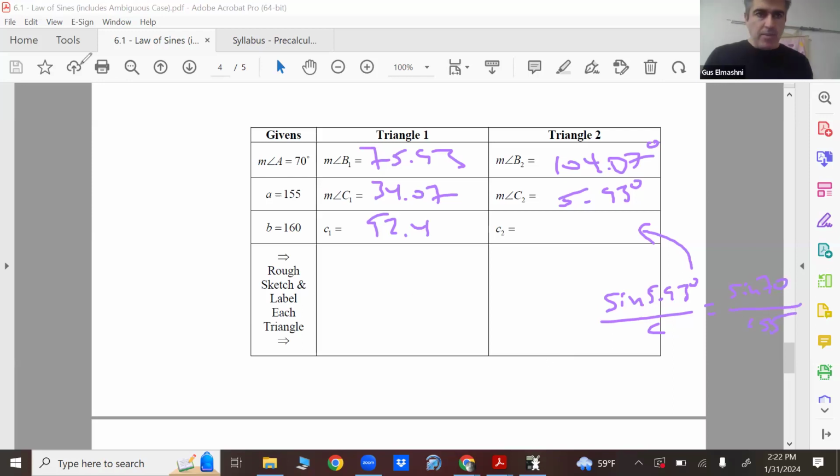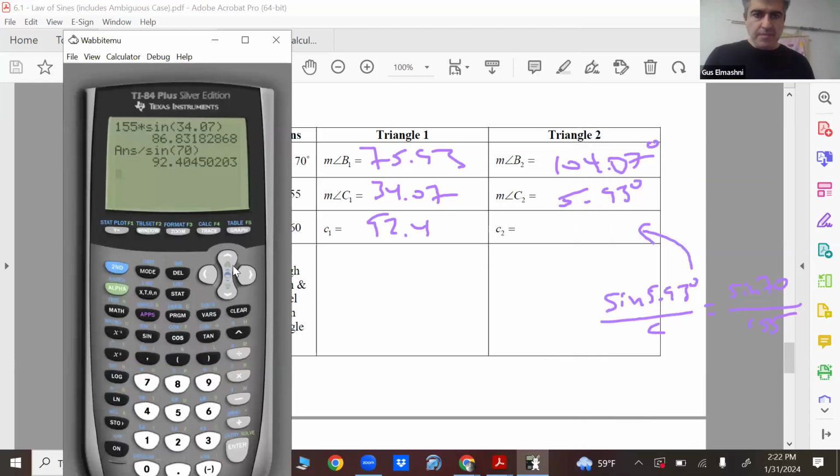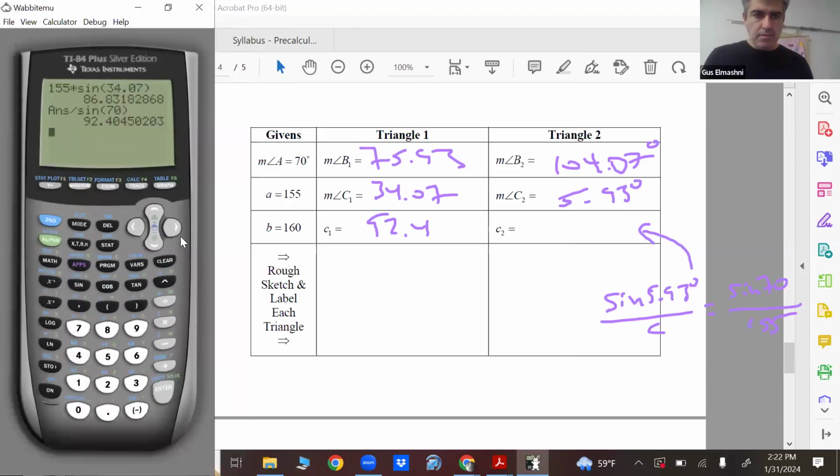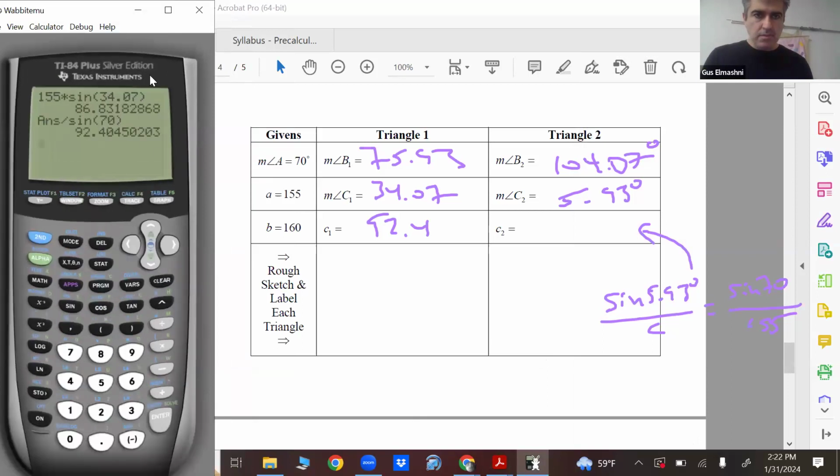If I work that out, cross multiply, divide by sine 70, I get 17.04. That can happen.